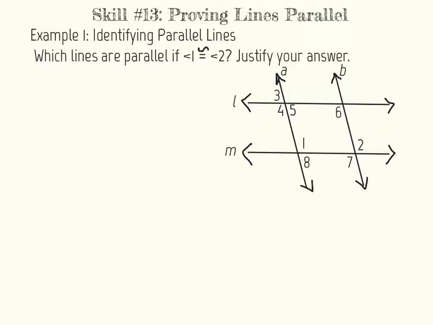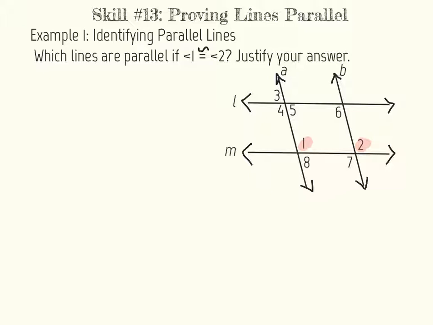Which lines are parallel if we know that angle 1 is congruent to angle 2? So angle 1 is congruent to angle 2. We want to know which two lines are parallel.